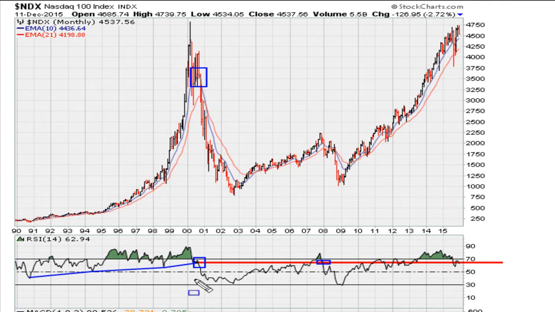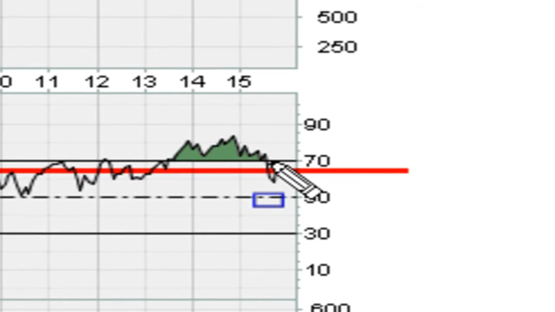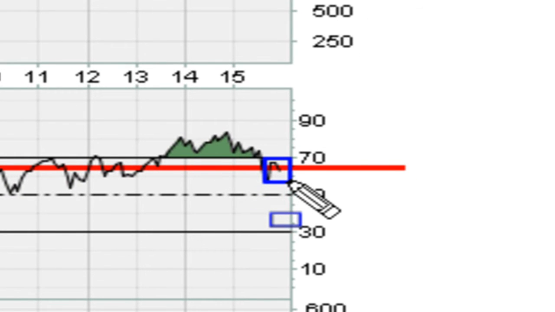So the sell signal here in 2000 was the sell signal there. Sell signal in 2008 in the RSI gave us a sell signal in the price, and now we seem to be wanting to weave our way back below that red line.